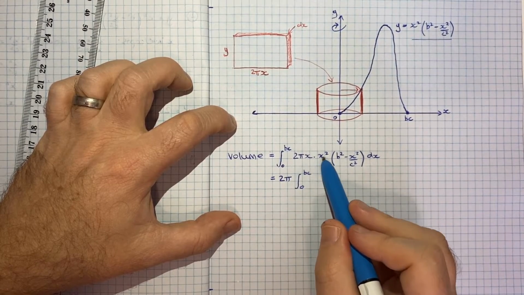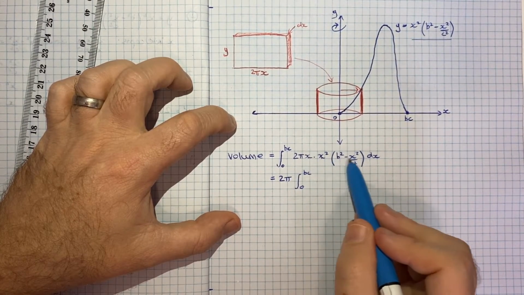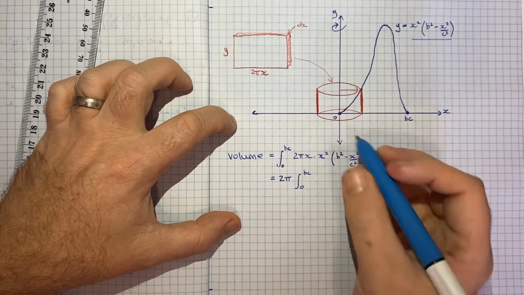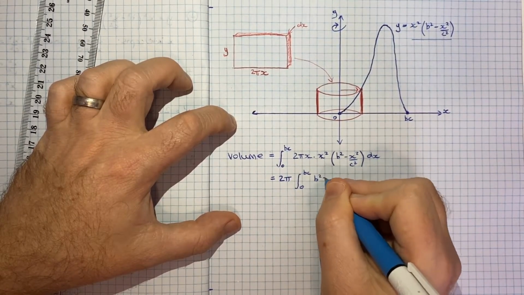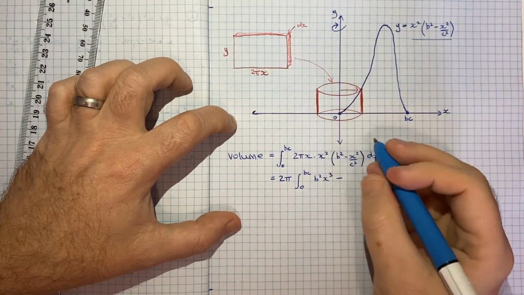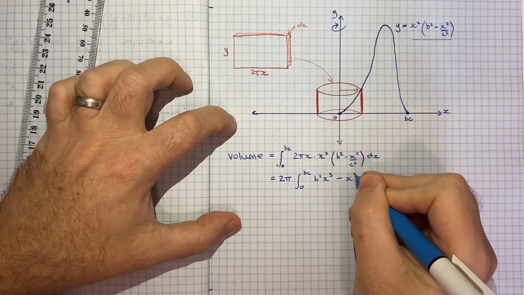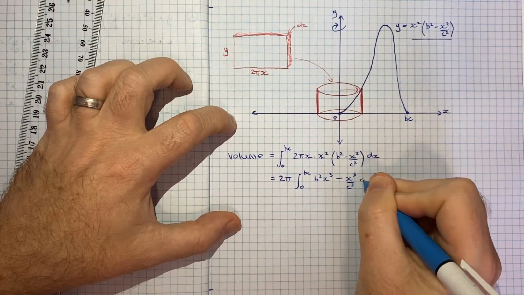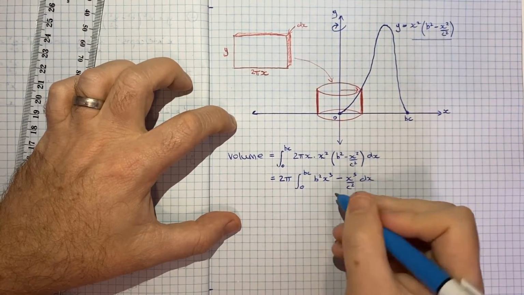So we'll have x cubed times this, and maybe I'll expand this bracket. So we'll get b squared x cubed minus x to the 5 on c squared dx. So let's just integrate that.